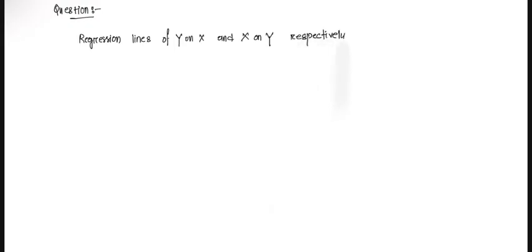The question is, regression lines of y on x and x on y respectively are given by the two equations 2x minus 3y equal to minus 8 and 5x minus y equal to 6.